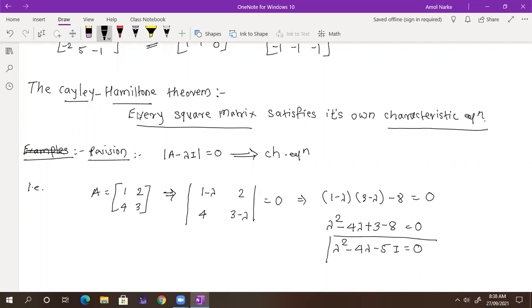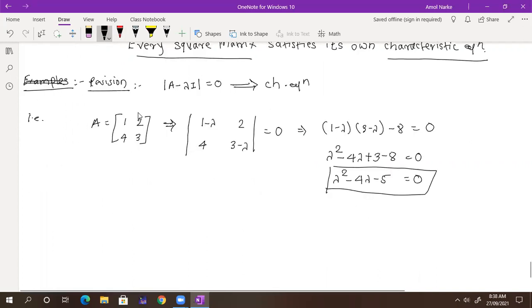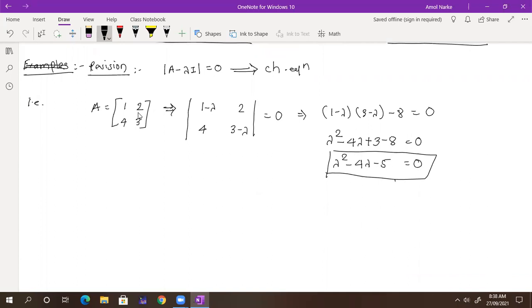You can forget I for now; when I substitute the values, you will understand. So this is my characteristic polynomial or equation.